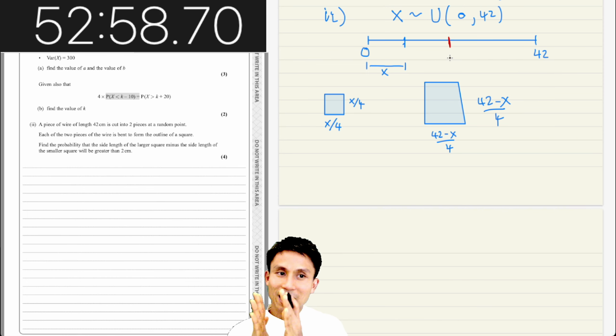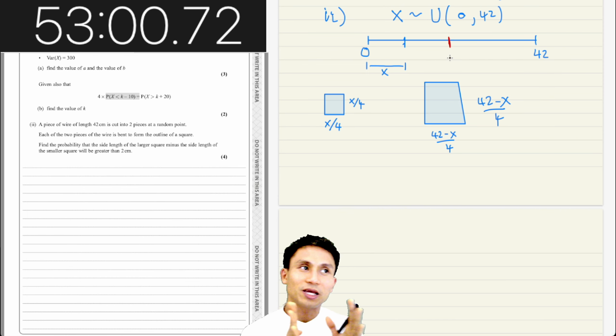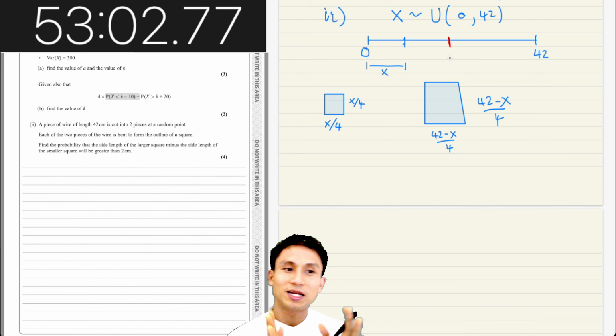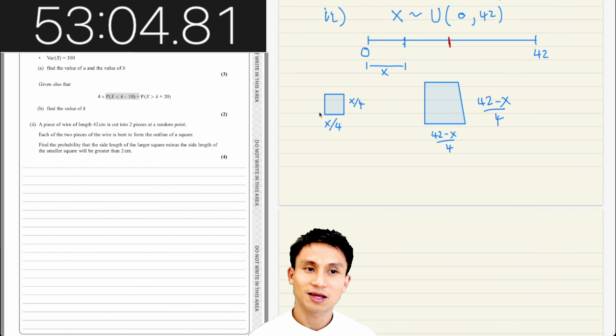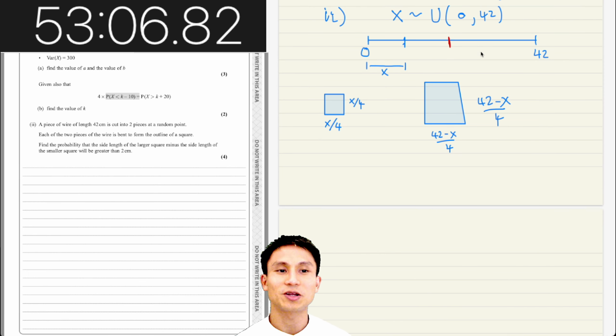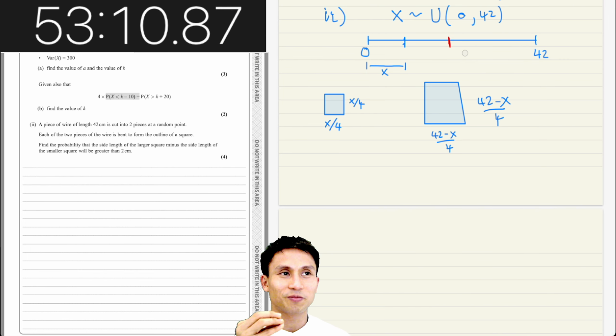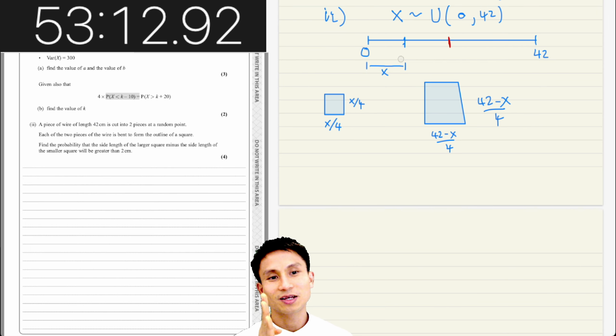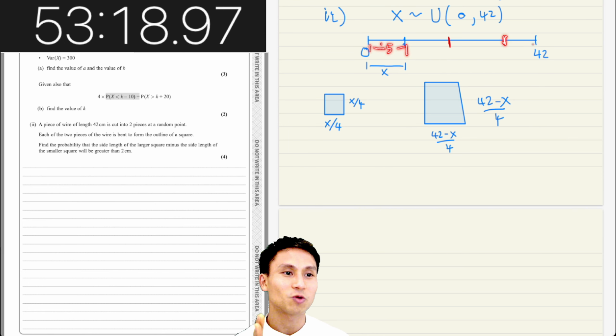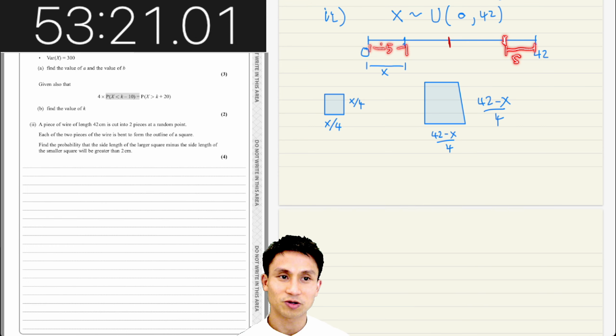So that means you only care about 0 to 21. It's like multiplying each case by 2, because cutting at 5 from the left is the same as cutting 5 from the right.